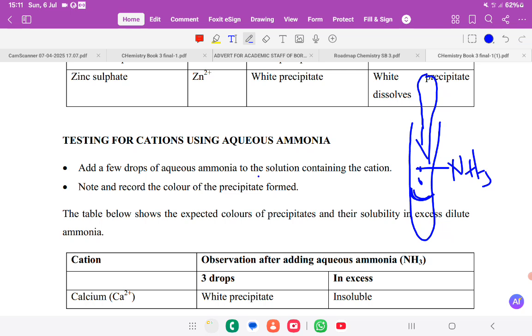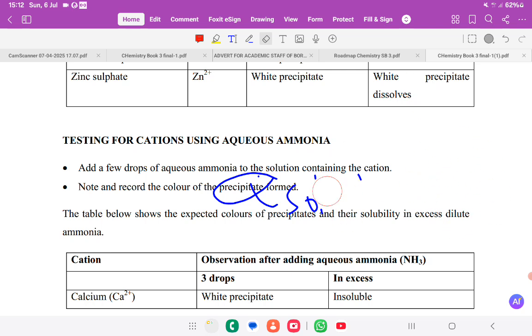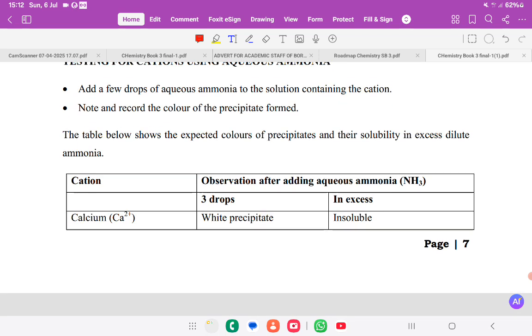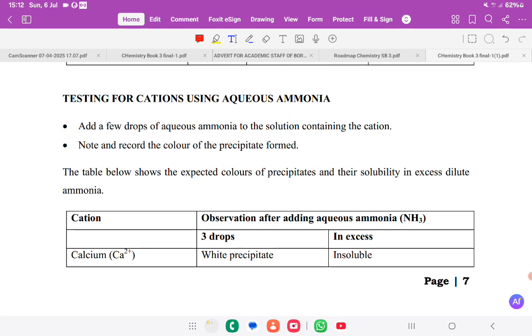Most of the time, the color change is as a result of the formation of a precipitate. Remember that precipitate is just a solid product of a chemical reaction. When a solid product is formed, that's called precipitation, and the product so formed is called precipitate. Precipitate is just the product of a reaction between two solutions, and it's in most cases a solid.